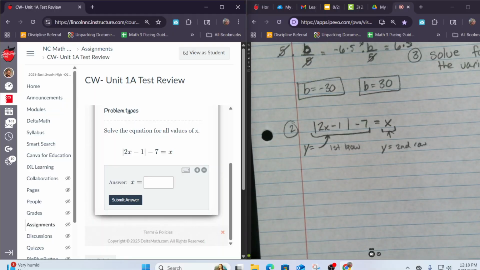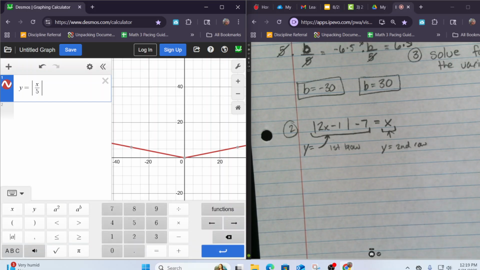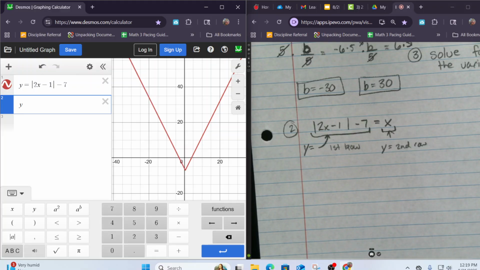Don't do that. You can do it that way, but it makes it so much more confusing. So really, if you put these in right and know what you're looking for, this is very simple.